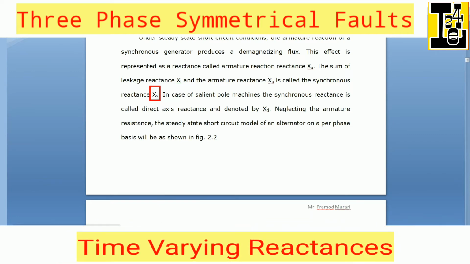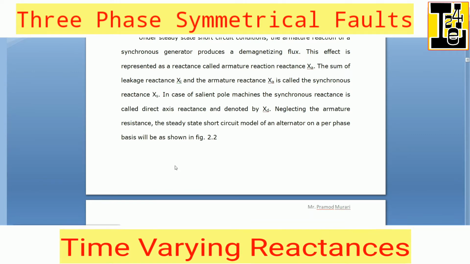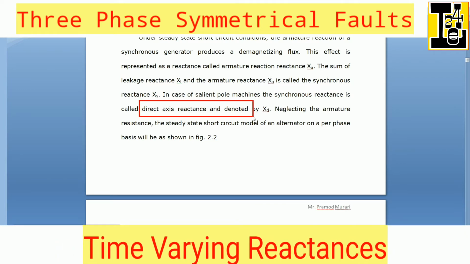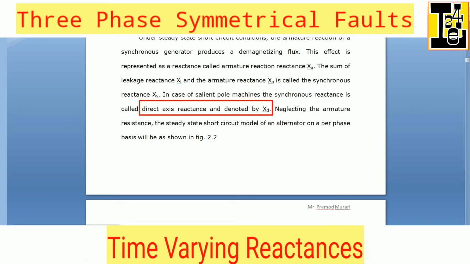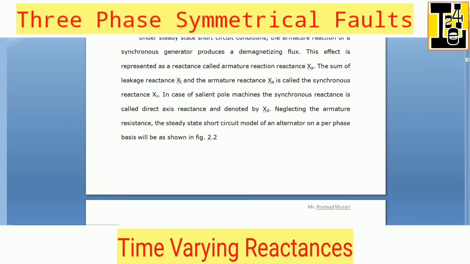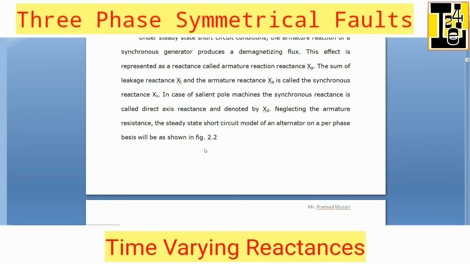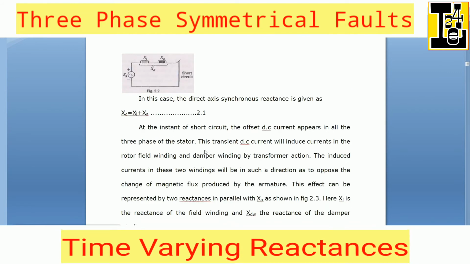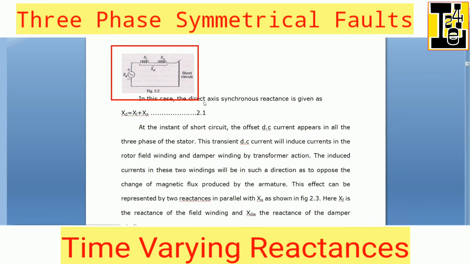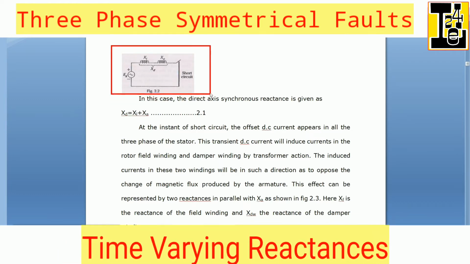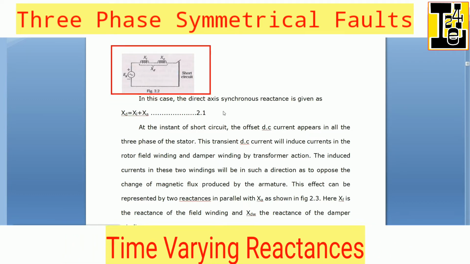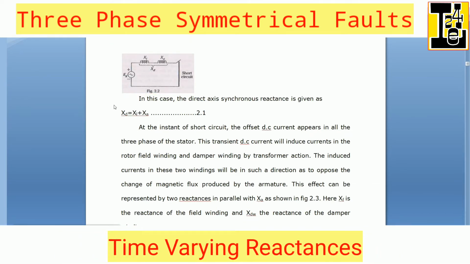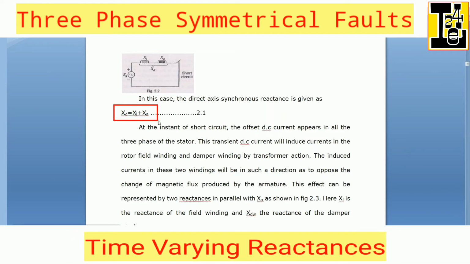In the case of salient pole machines, the synchronous reactance is called the direct axis reactance and is denoted by XD. Neglecting the armature resistance, the steady state short circuit model of an alternator on a per phase basis is shown here. So in this case, the direct axis synchronous reactance is given by XL plus XA.